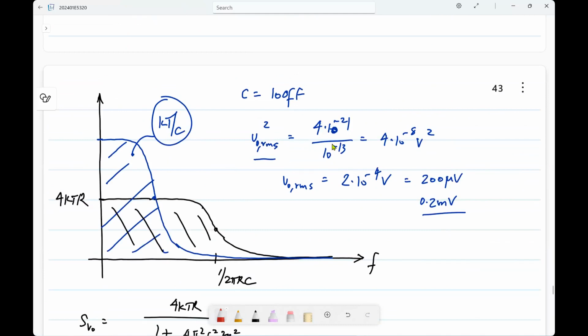Now, what is the value of alpha? It only depends on where I started off, right? So if I wanted 2 microvolts, of course, with enough experience I probably would not start with a 100 femtofarad capacitor in the first place. But if I do, I'll have to scale it by a factor of 10,000. So that scaling only depends on the starting value, but yes, very large or very small also.